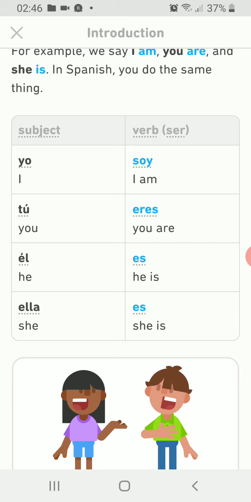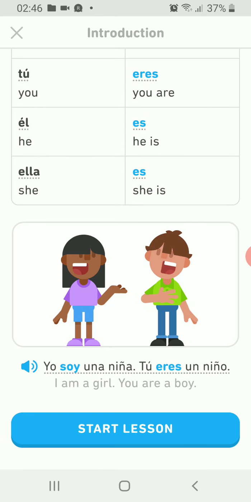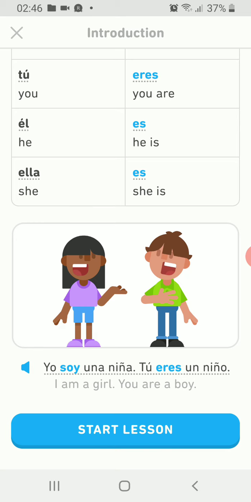So yo soy, I am. Tú eres, you are. Él es, he is. Ella es, she is. Very good. So now, yo soy una niña. Tú eres un niño. These are two sentences. This girl is saying, yo soy una niña, I am a girl.